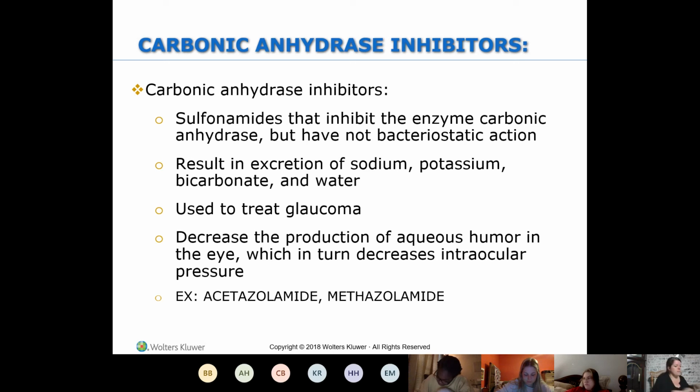And examples of those medications can be found on page 380. So basically they're for intraocular pressure, not high blood pressure.